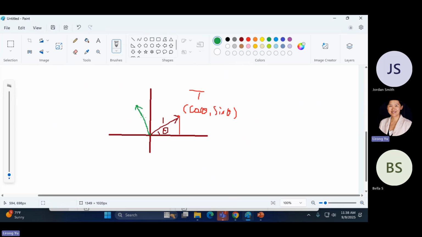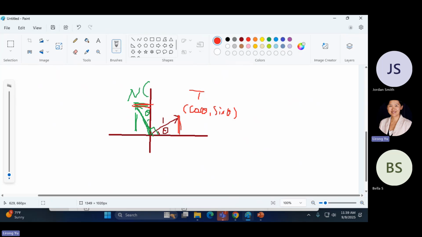To make it perpendicular, easy, this theta is the perpendicular relation. So this theta becomes that theta. And therefore, this is going to be your x value, the cosine theta, and then your y value is going to be the sine theta. So in the normal vector, see, the lengths match.